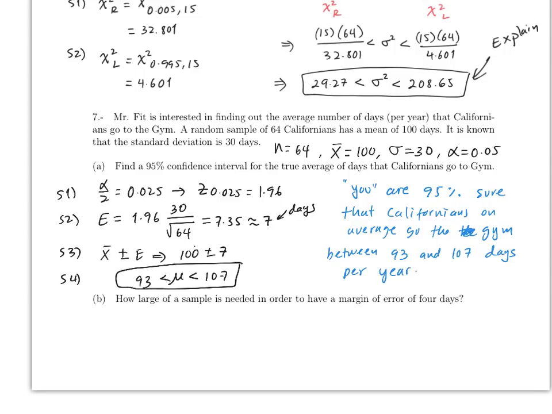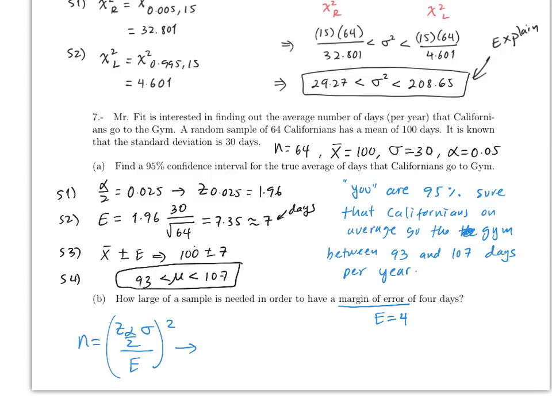That's it. Right, part B is asking you how large of a sample is needed in order to have a margin of error of 4 days. So remember, margin of error means E, so E is equal to 4. The formula is z of alpha over 2 times sigma, everything divided by E, and then you square the whole thing.